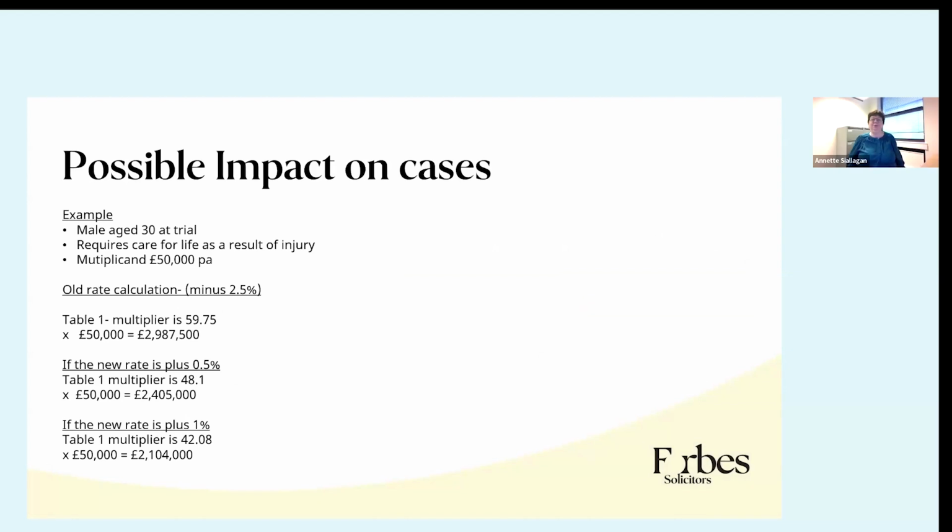So, possible impact of the change in the discount rate. Well, I think in 2017, when it was actually Liz Truss who introduced the rate change from plus 2.5 to minus 0.75, there was quite a massive impact on insurance claims.